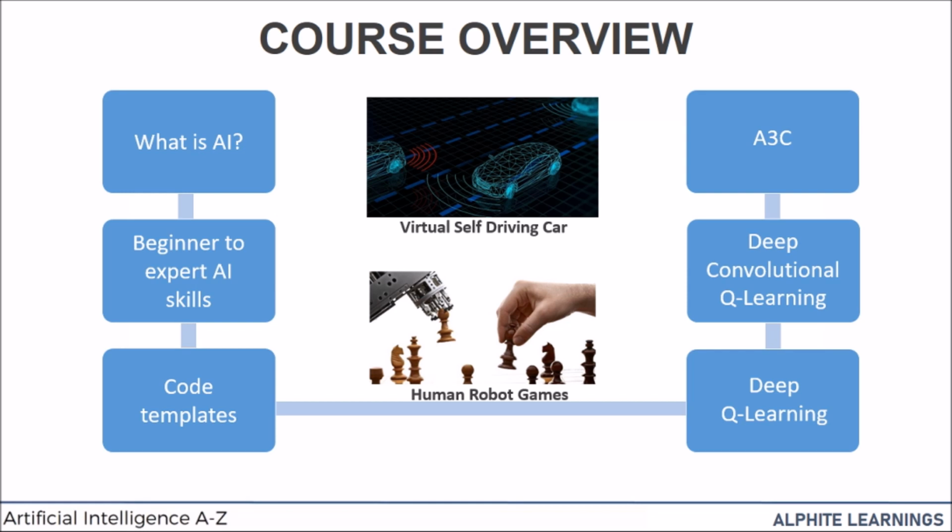This is not something new. Even if you download a game on your mobile, like chess or Monopoly, and choose single player mode, obviously the computer is playing. So this is the basic concept of artificial intelligence.